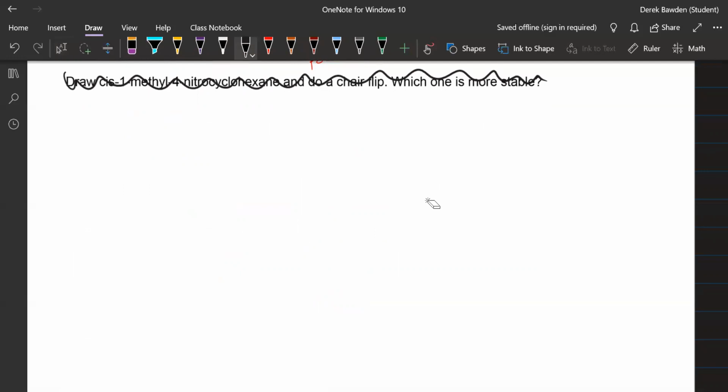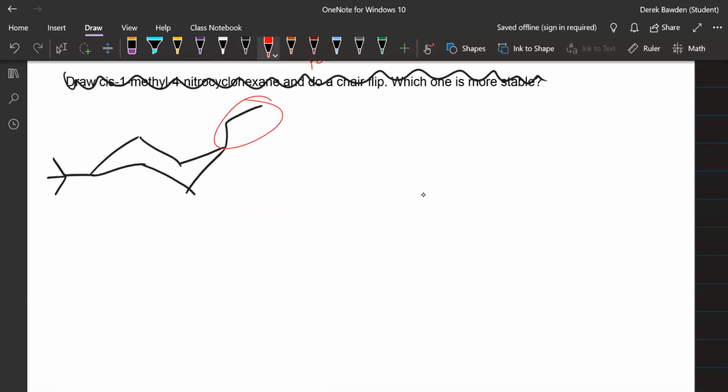So if I were to draw this molecule, this ethyl group right here, is this going to be up or down? Up, perfect.